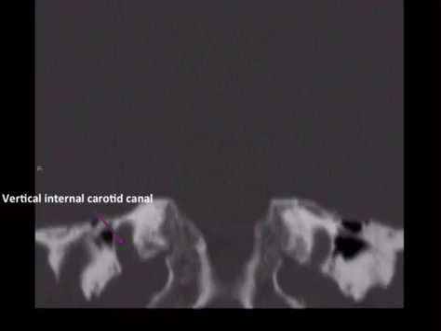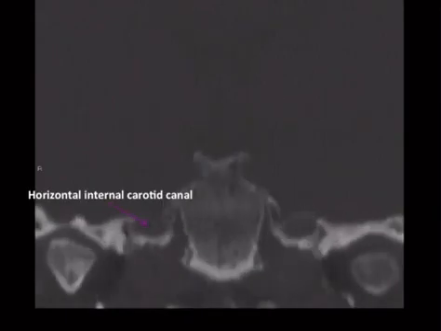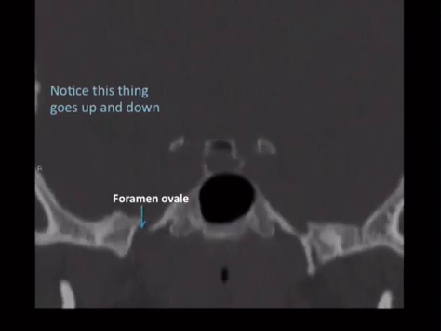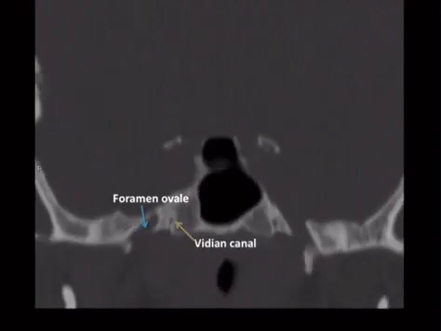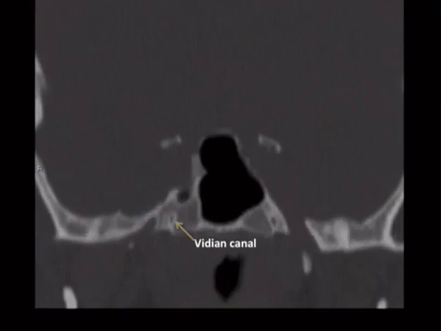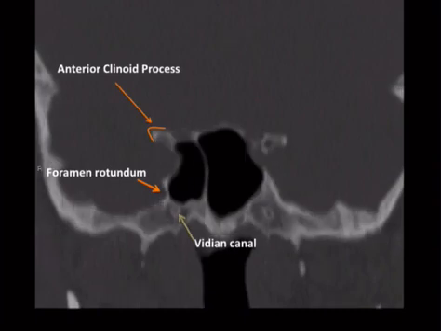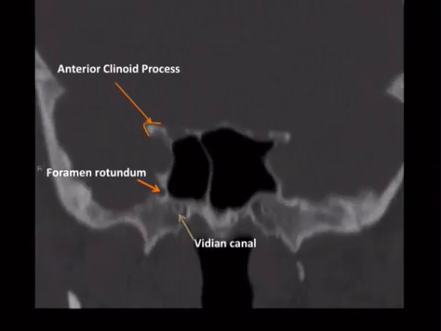Now let's look at the coronal here. So carotid, that's obvious, right? Now spinosum, this is this up and down. Remember, it's going up and down, but it's lateral to ovale, which also goes up and down. Notice this thing goes up and down. Vidian's canal is shown running just like ovale, or just like rotundum.